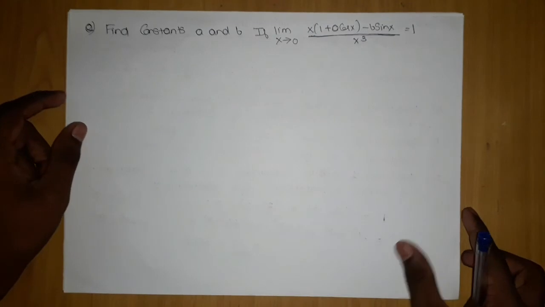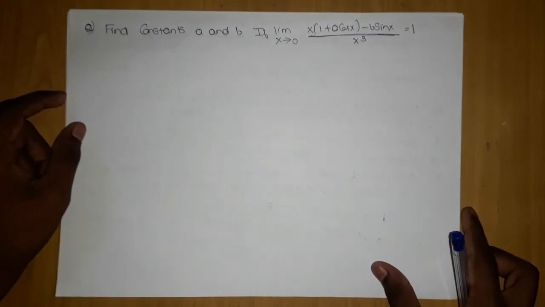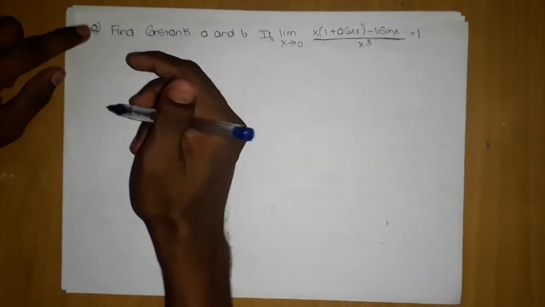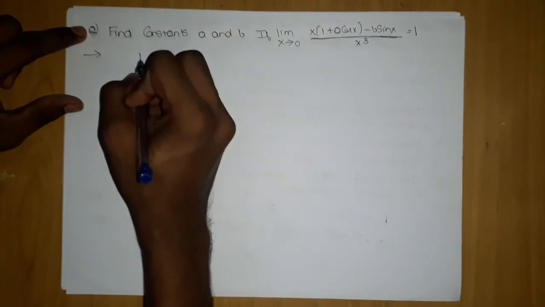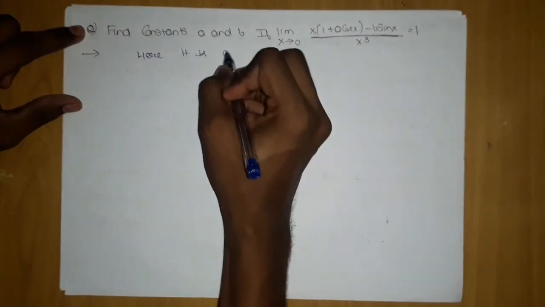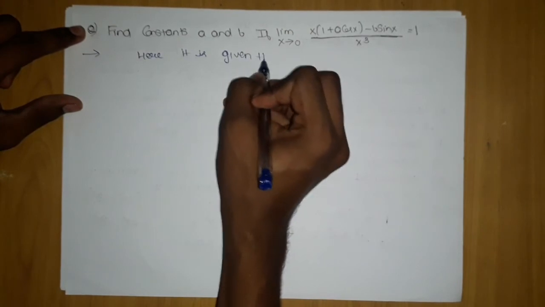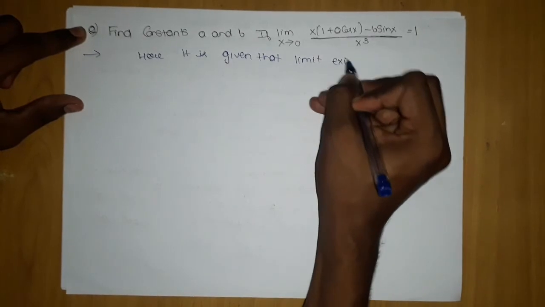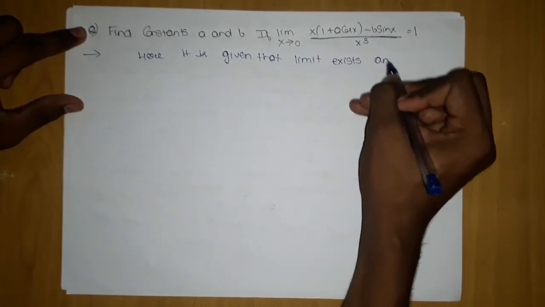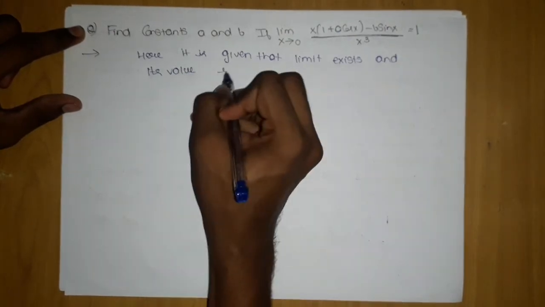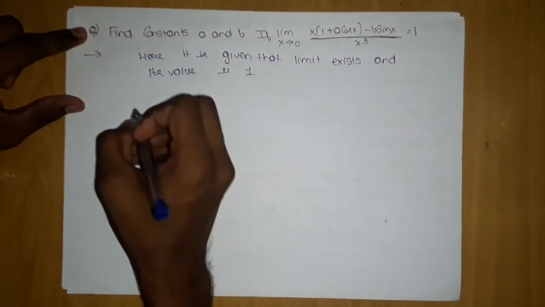Find constants a and b if limit x tends to 0, x into 1 plus a cos x minus b sin x, the whole upon x cube equals to 1. Here it is given that the limit exists and its value is 1.